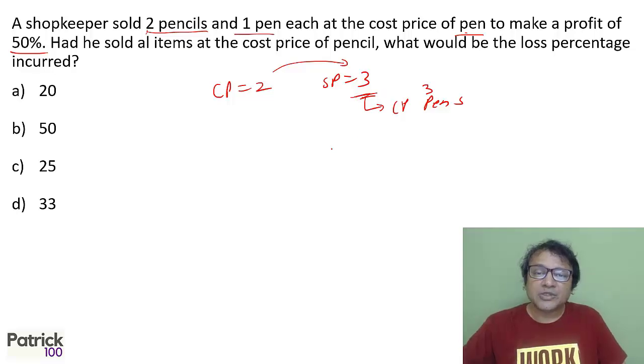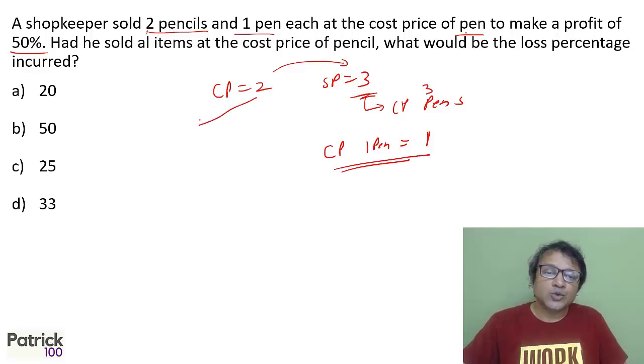That means the cost price of 1 pen will be 1. So from this 2, 1 is the cost price of the pen and 1 is the cost price of 2 pencils, which means the cost price of 1 pencil is 0.5.